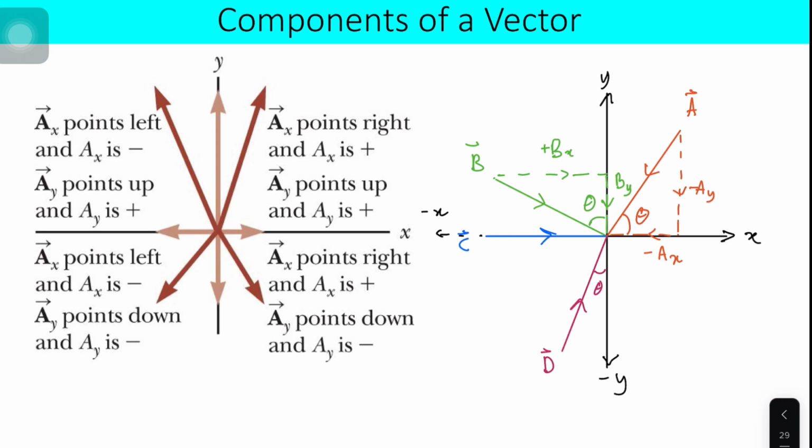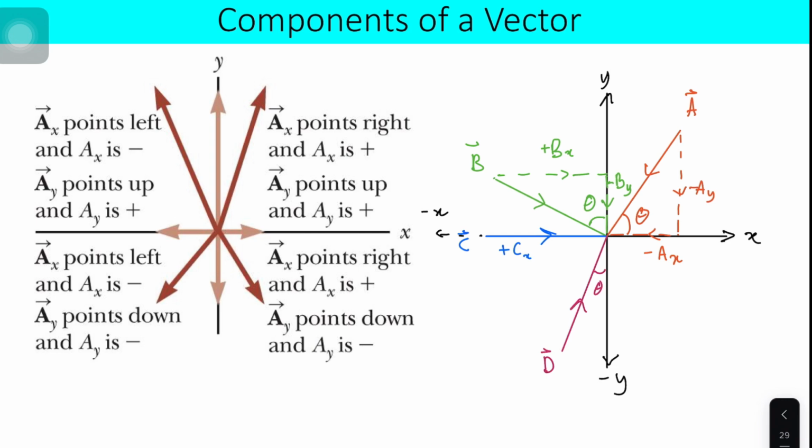However, the BY has a negative sign because it's pointing towards the negative y-axis. For vector C, it only has CX, and its CX is positive. It has no y component. It only has the x component, and it's positive because it's pointing towards the positive x-axis.